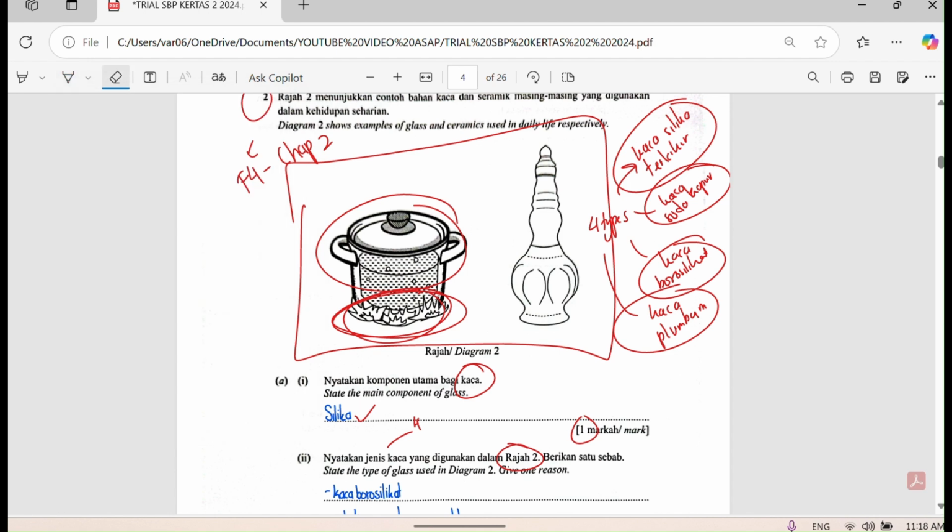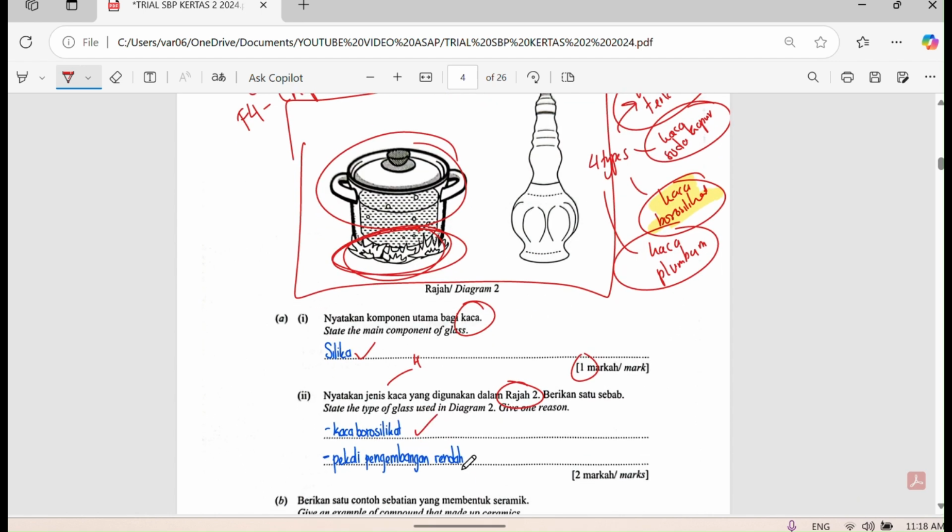So in that case, kaca borosilikat is the best. Why? Because kaca borosilikat boleh tahan suhu tinggi and its pekali pengembangan adalah rendah. So, kaca borosilikat pekali pengembangan rendah and it can also tahan terhadap suhu tinggi or sifat rintangan terhadap haba. Okay. 1 mark there, 1 mark there.